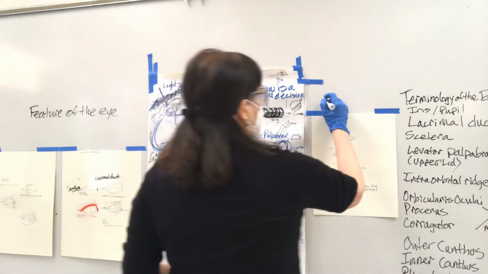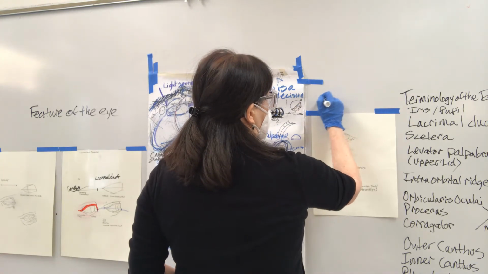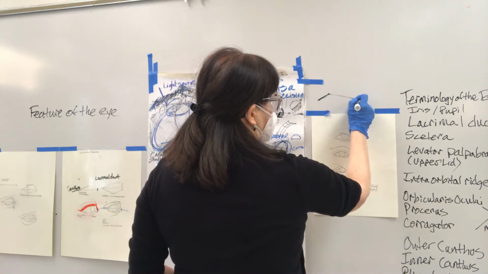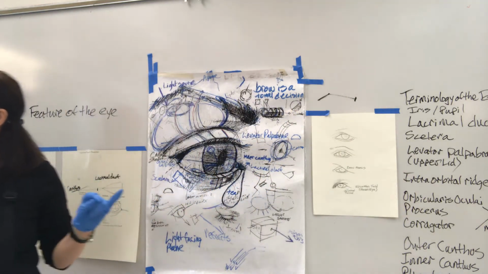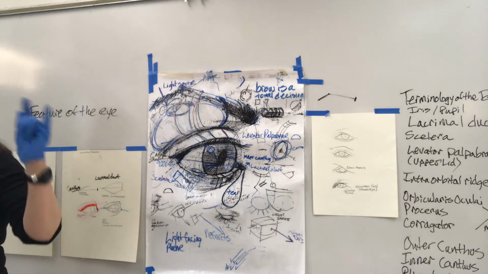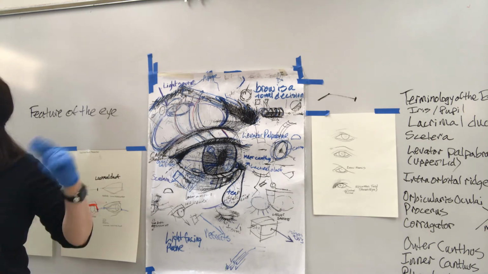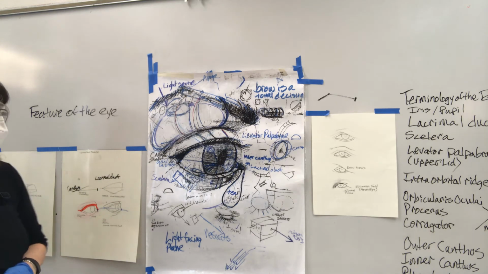It does thick to thin, so it comes up and across. And that's all the construction that you need in the very beginning. It's just an indication where that brow will be, and then we'll apply value.